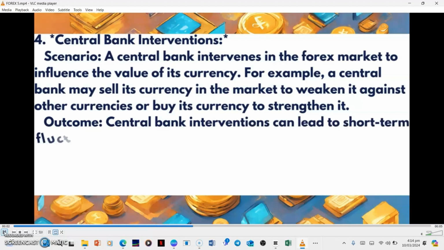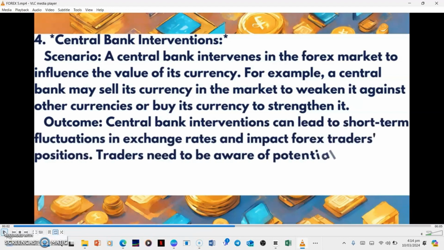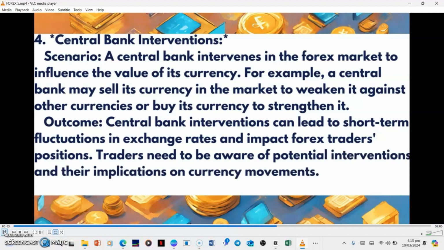What would be the outcome? Central bank interventions can lead to short-term fluctuations in exchange rates and impact forex traders' positions. Traders need to be aware of potential interventions and their implications on currency movements.